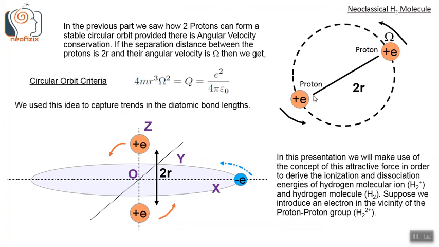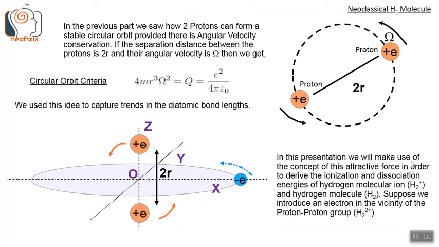If the separation distance between the two protons is 2r and their angular velocity is omega, then we get this circular orbit criterion, that is 4m r cubed omega squared equals q, where q is a constant equal to e squared by 4 pi epsilon naught, where e is the charge on the protons and epsilon naught is the permittivity of free space. Here m is the mass of these protons. We used this idea to capture trends in the diatomic bond lengths in the previous video.